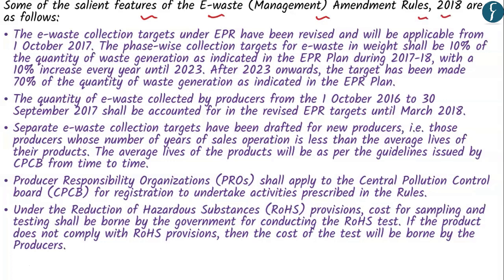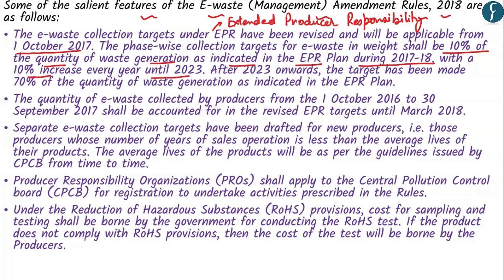The e-waste collection targets under extended producer responsibility have been revised and will be applicable from 1st of October 2017. The phase-wise collection target of e-waste in weight shall be 10% of the quantity of waste generation as indicated in the EPR plan during the 2017-18 with a 10% increase every year until 2023.